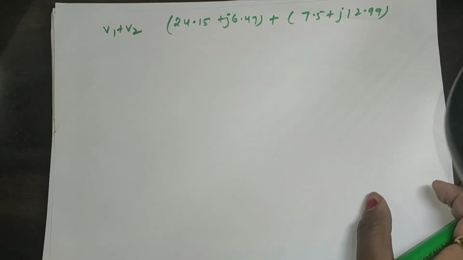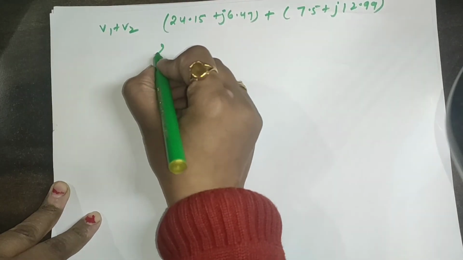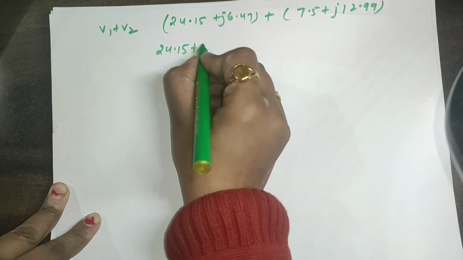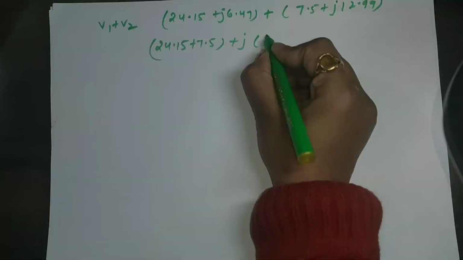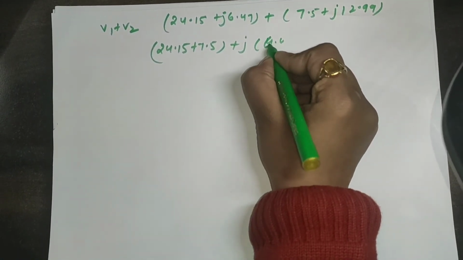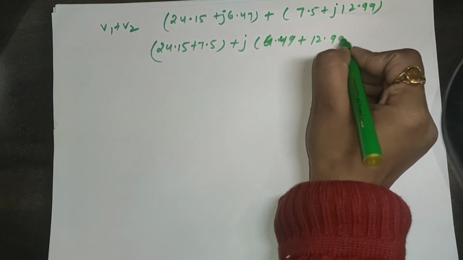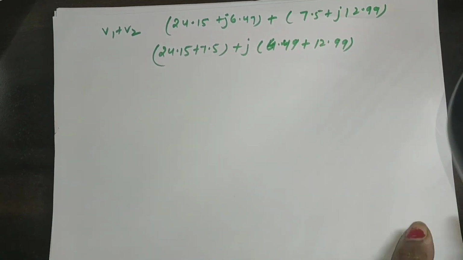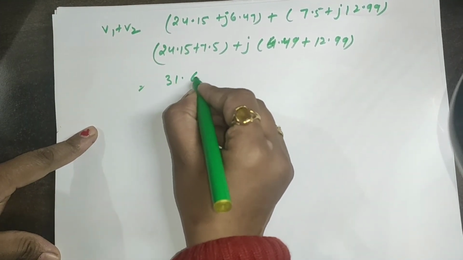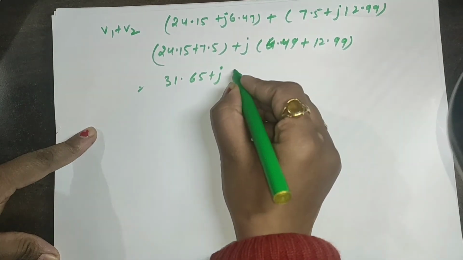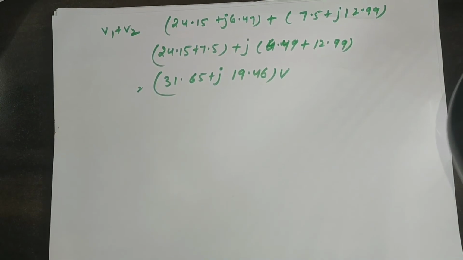So if you perform 24.15 plus 7.5 plus j 6.49 plus 12.99, and solve this, you will get 31.65 plus j 19.46 volt. Okay, so you are getting these values.